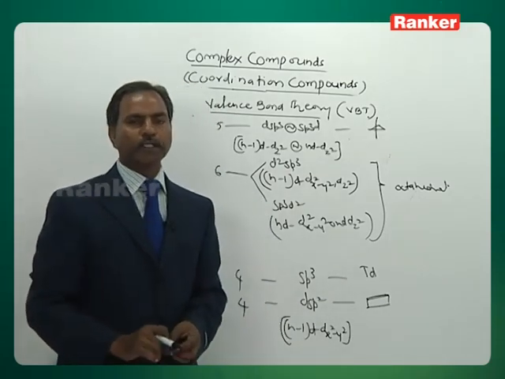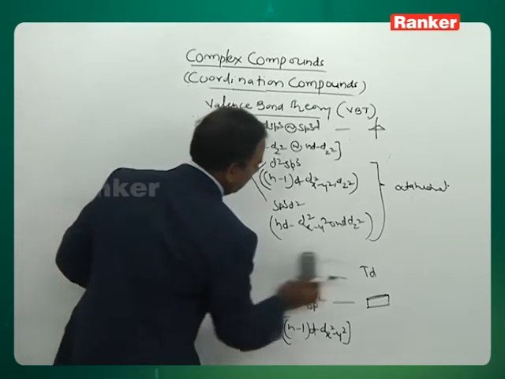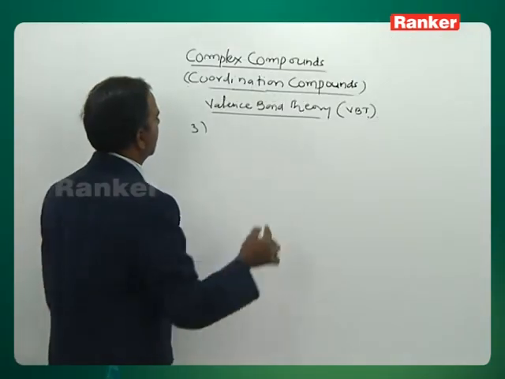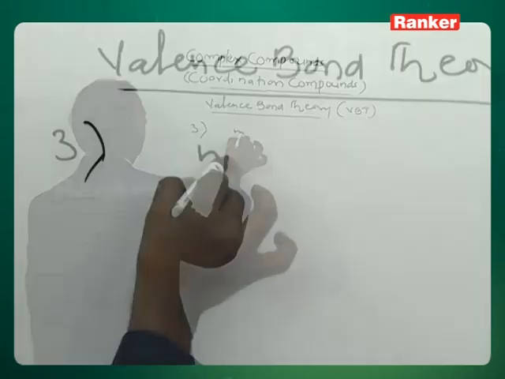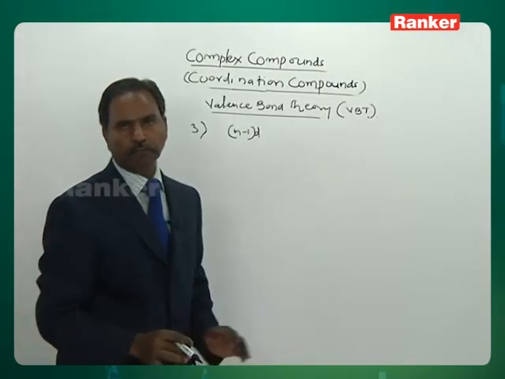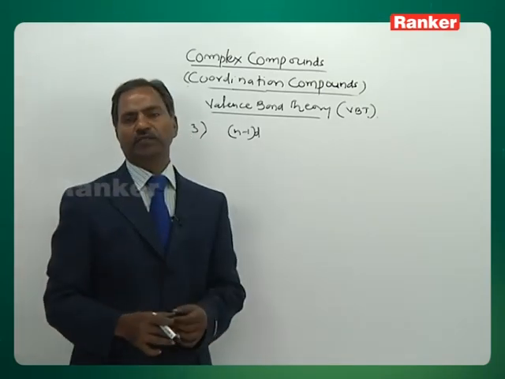theory. Next postulate, let me discuss what is the next postulate under valence bond theory. Next one, third. In the hybridization, if inner orbitals are involving, we represent that by (n minus 1)d.